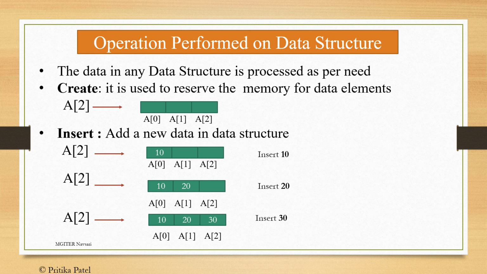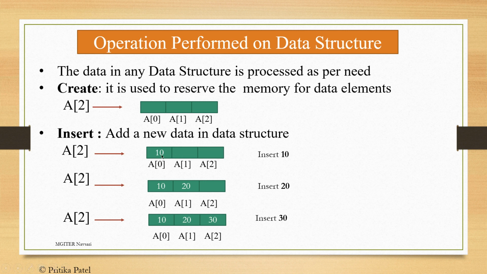Now next is the insert operation. The insert operation is used to add a new data item in the given collection of data items. Here in this example, an array of size 3 is there, just like here we have an array of size 2 which is having 3 elements. In this array, first we insert element 10.